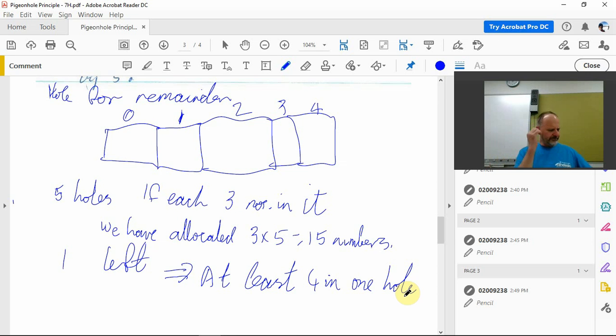So at least 4 have the same. Therefore, at least 4. I forgot the least. Very important. At least 4 have the same remainder.